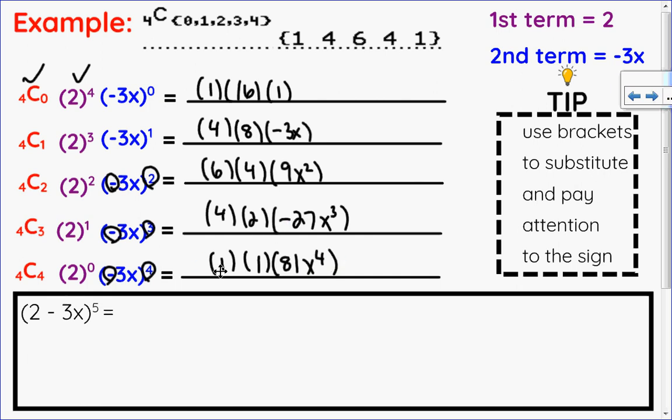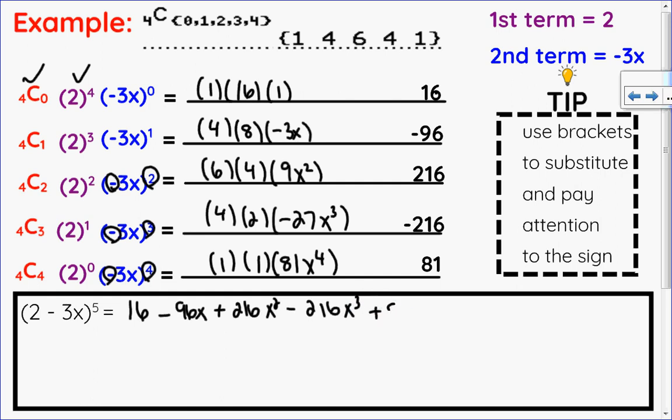So to finish all this off, all I have to do now is just multiply all my number values together and then combine it with x. So multiplying my numbers together, and then combine it with my x. So I've got 16 as my first term, minus 96x, plus 216x squared, minus 216x cubed, plus 81x exponent 4.